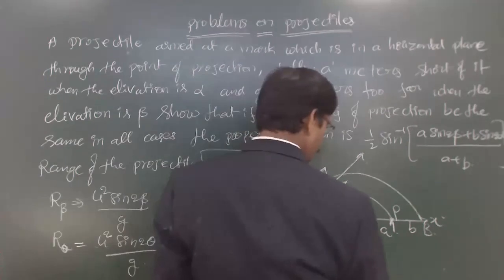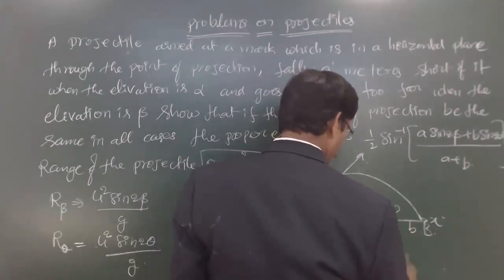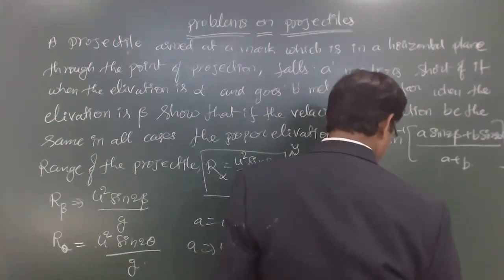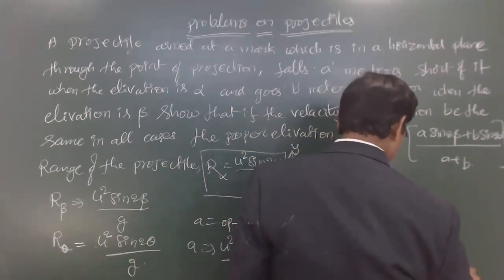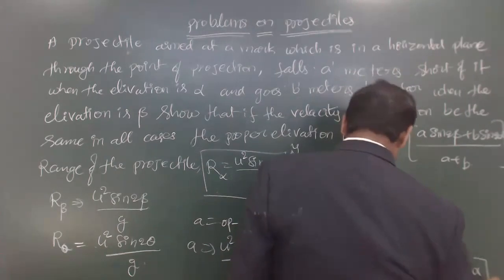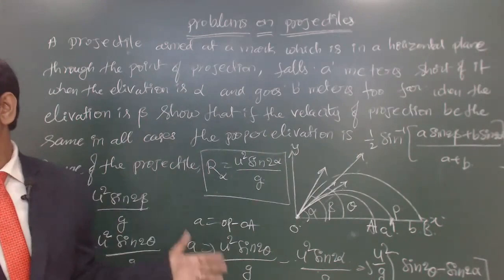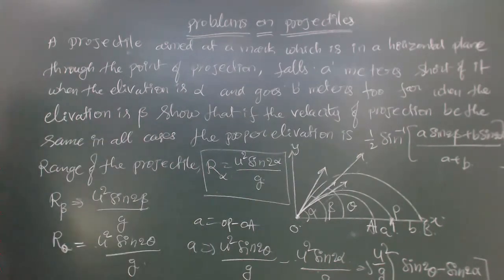If I take u square by g out from this relation, we get sine 2 theta minus sine 2 alpha. So this value is equal to A.